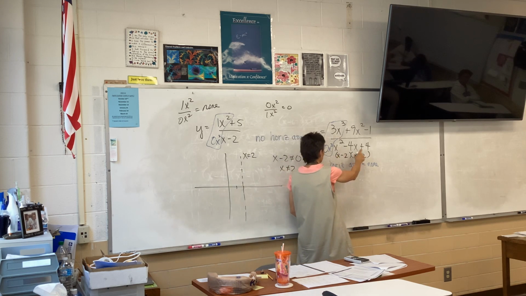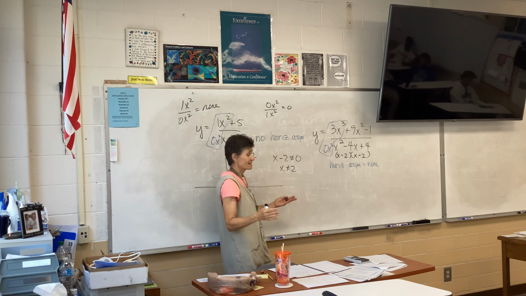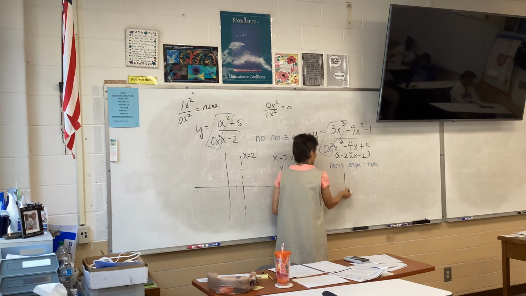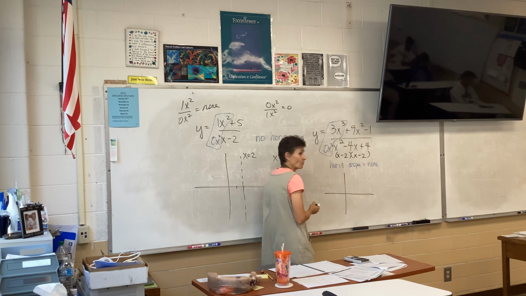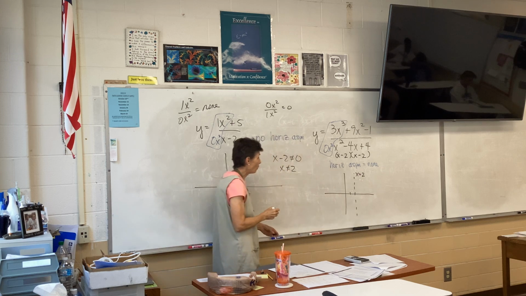This has a middle term, so this is going to be x minus 2, x minus 2. But since they're the same, there's really only going to be one asymptote, right? And where is it? X is 2, just like this one over here. So there's no horizontal.